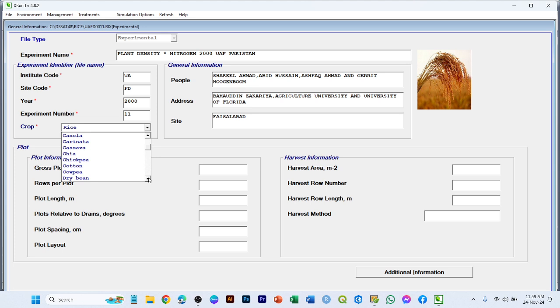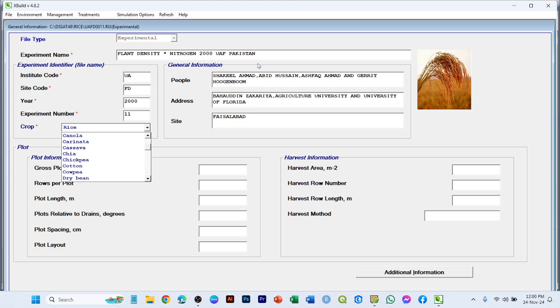Clear? So basically, you have to also mention the people's names: your name, your boss's name, your supervisor's name, and your co-supervisor as well. You can give the information over here. And address: Bahauddin Zakariya University, the institute where you belong.